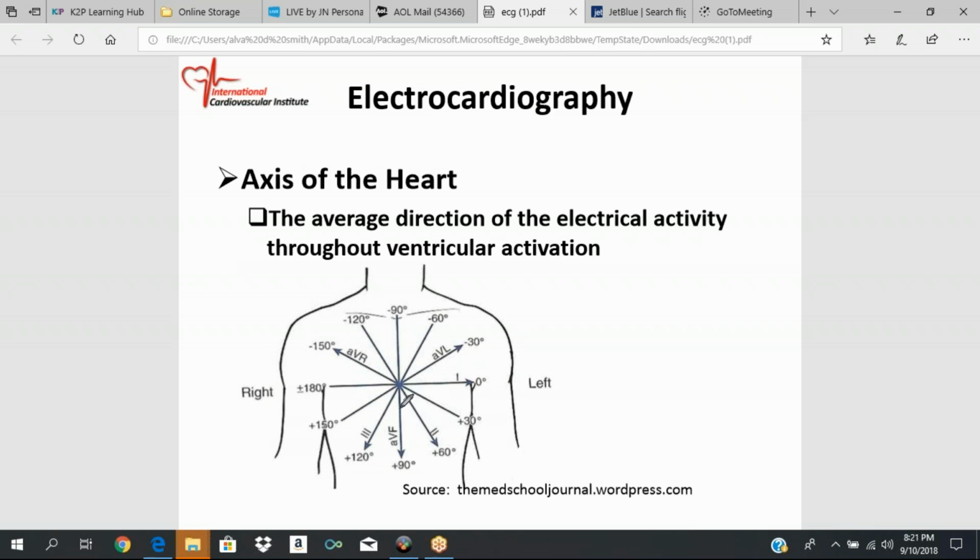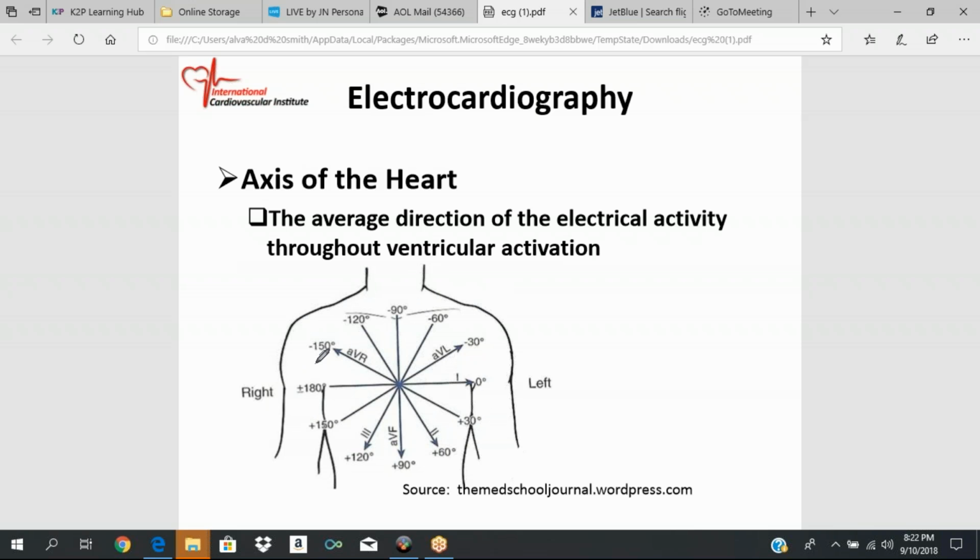If you don't walk around with it for at least 6 months and look at it every day, you're not going to remember it. So this diagram is extremely important if you want to determine the axis of the heart.